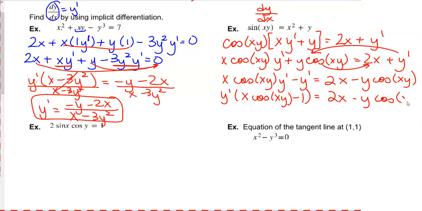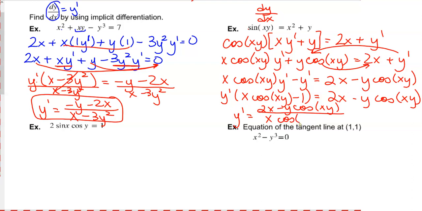And we are almost finished because in order to get y prime by itself, I have to do a little division by this expression. So I'm going to divide both sides. So I'm going to say that y prime is equal to all of this divided by everything in the expression. So 2x minus y cosine of xy all over x cosine of xy minus 1. And that right there would be our final answer.